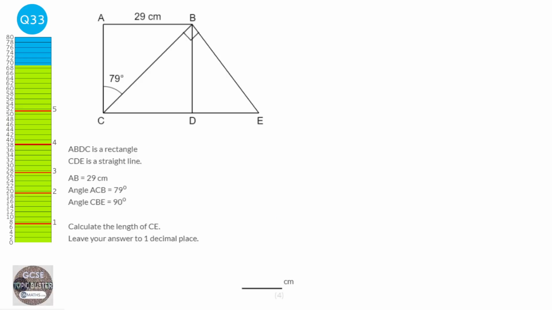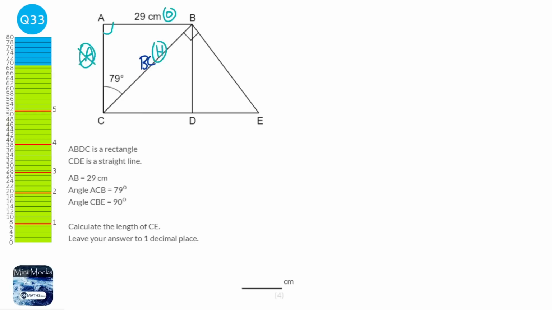So we can't work out length CE directly, but what I'm going to do is start off by finding length BC. And I'm going to do that using trigonometry. So we've got the 90 degrees there. We'll start by labeling it. So BC is the hypotenuse, the opposite here and adjacent here.